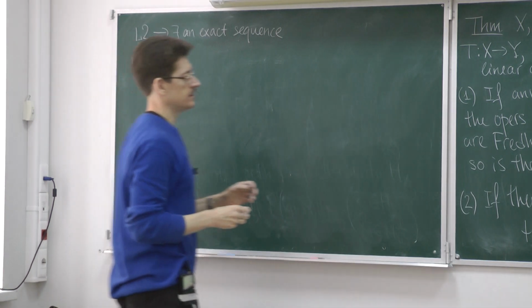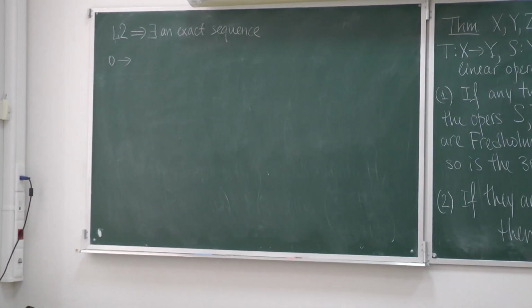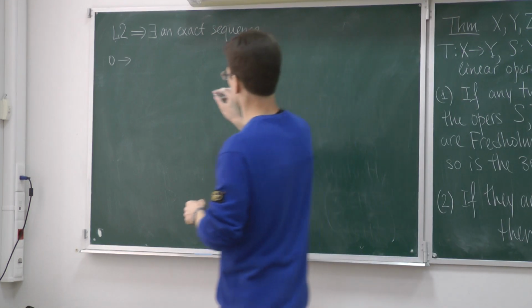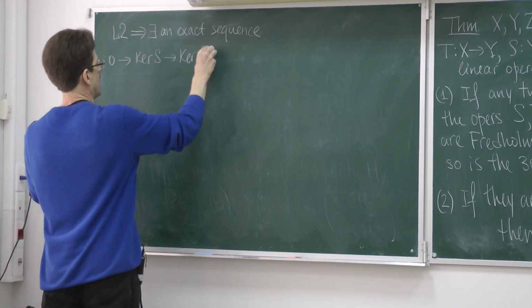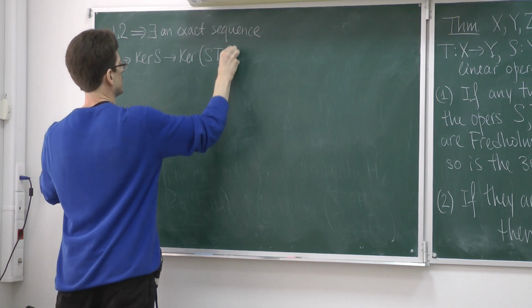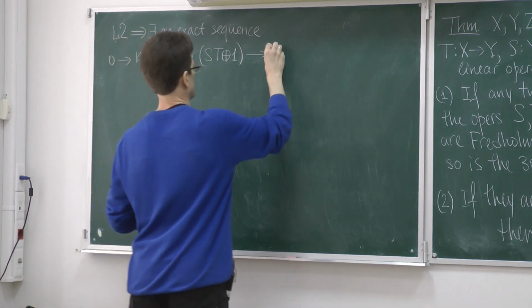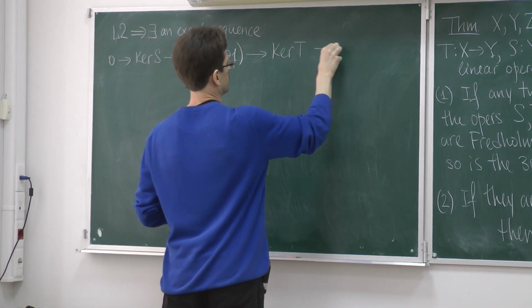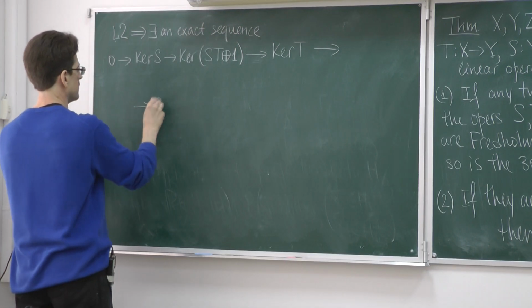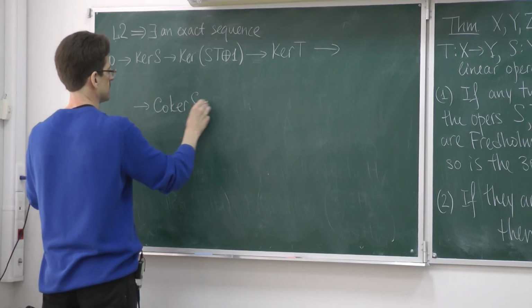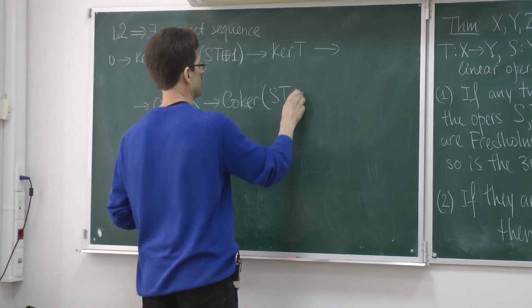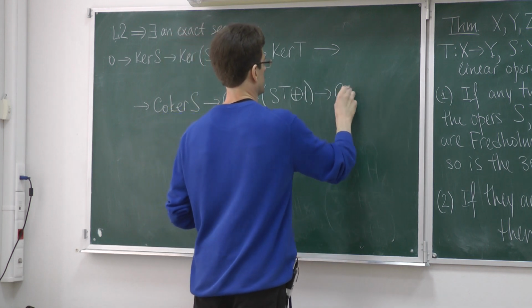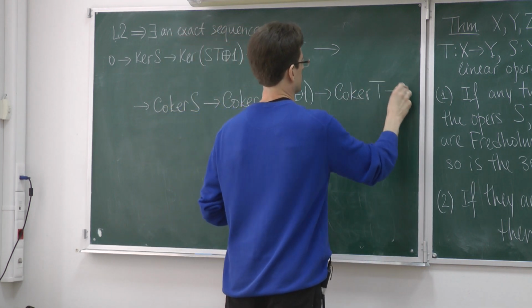Zero, then the kernel of S, the kernel of ST plus 1, the kernel of T, the co-kernel of S, the co-kernel of ST plus 1, the co-kernel of T, and 0.